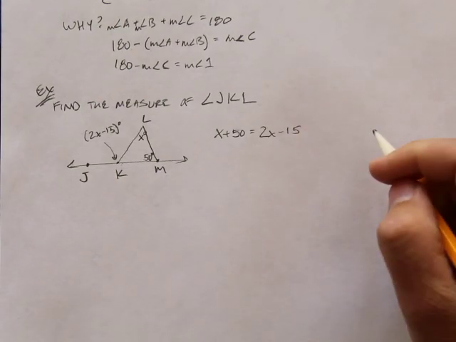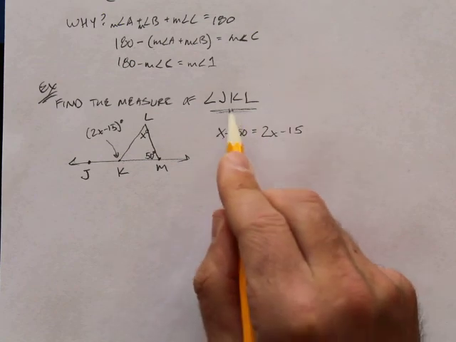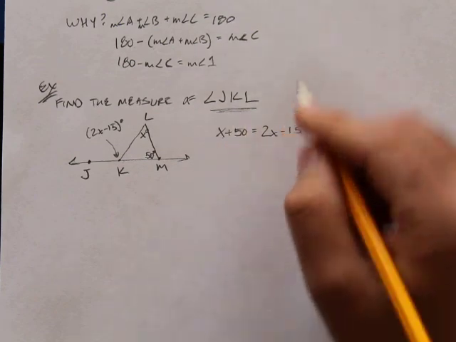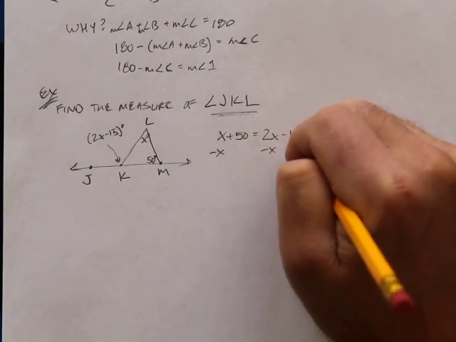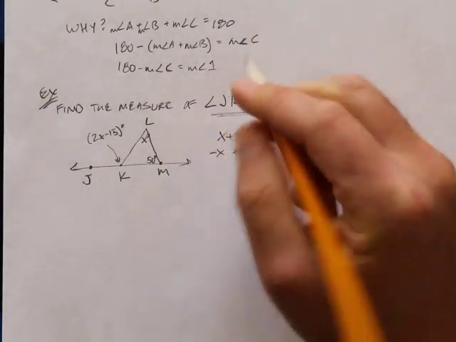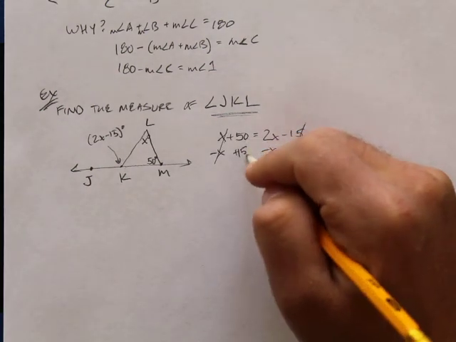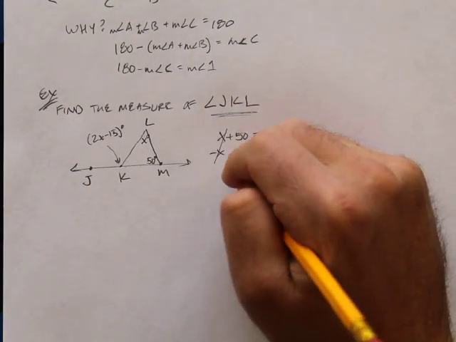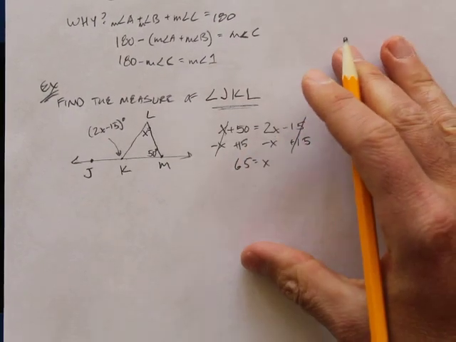Then we solve for x, because we want to know this angle, but we have to find out what x is first. So let's subtract x from each side, and add 15 to each side. The x's go away, and the 15s go away here. So 15 plus 50 is 65, equals 2x minus 1x, which is x.